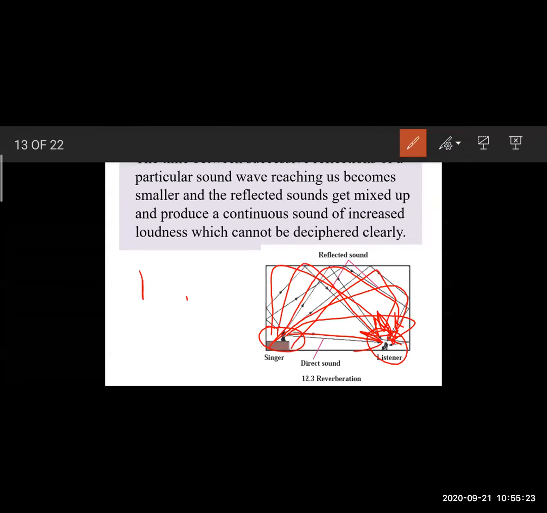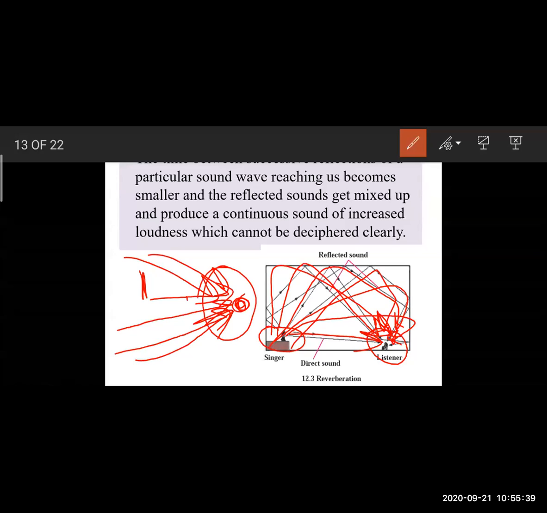The first sound was going, then the second sound, third sound, fourth sound of the same one sound is coming to that listener, and it is mixing up, and there is a creation of noise, and it will only increase the loudness, it will only increase the amplitude of one voice.